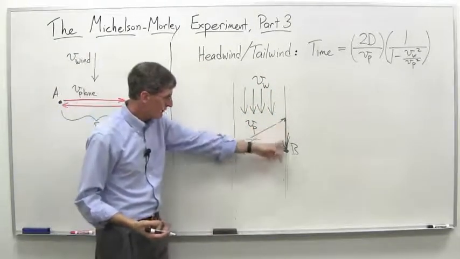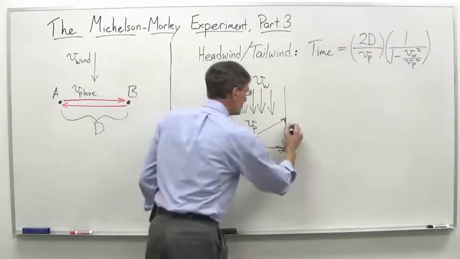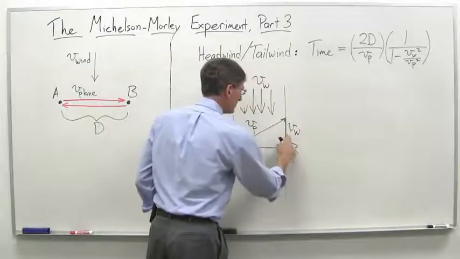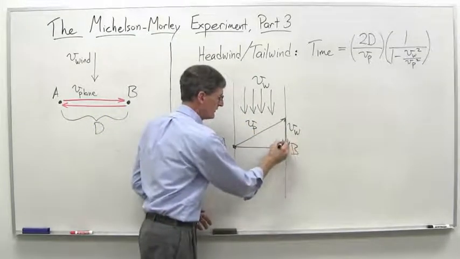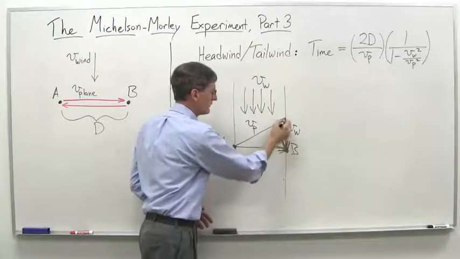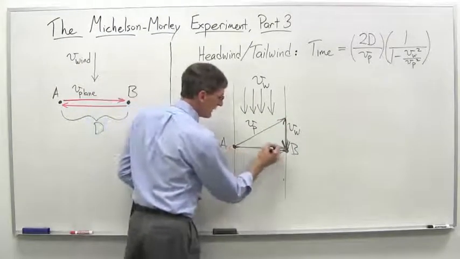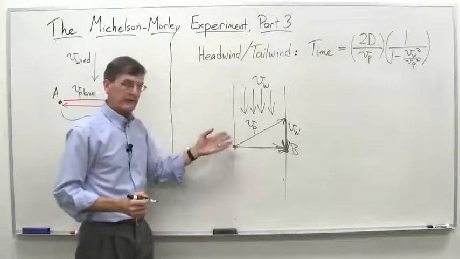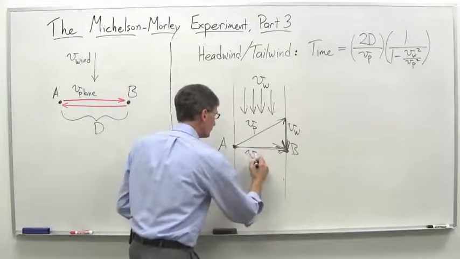That's going to be this quantity right here, this side. Notice we have a triangle here. So that's going to be v sub w there. My arrows are a little messy, but that's the arrow for the wind, that's the arrow for the velocity of the plane. And then what's this arrow here? What's the actual velocity from A to B that we're traveling? We'll just call that v actual.